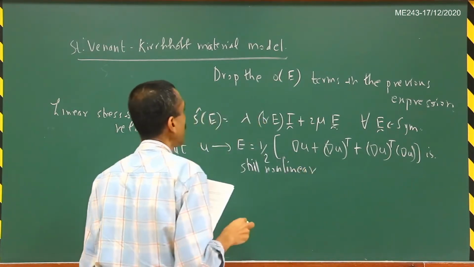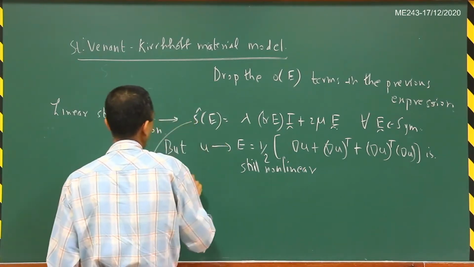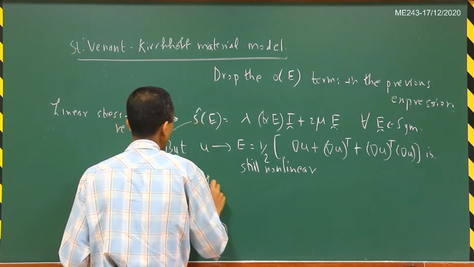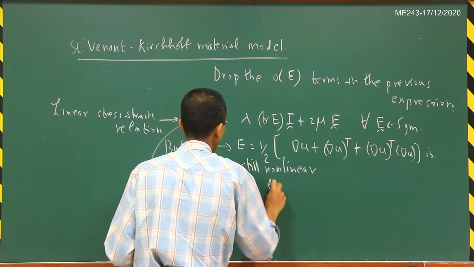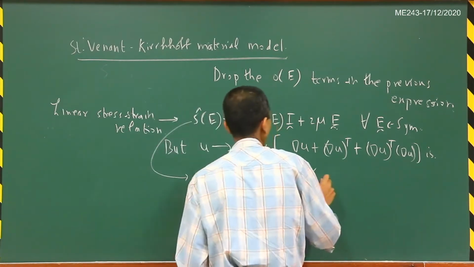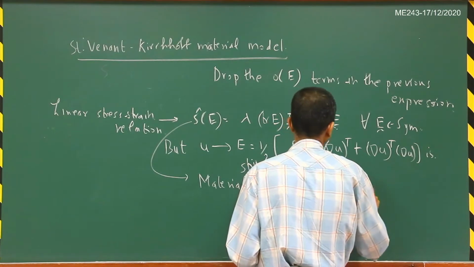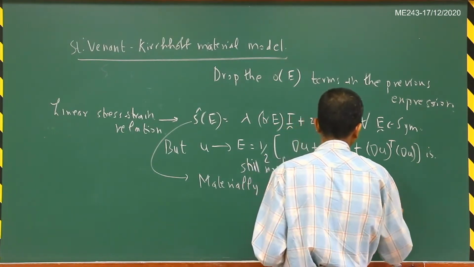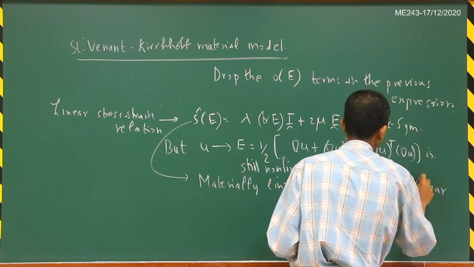So basically this material model is materially linear, but geometrically non-linear.